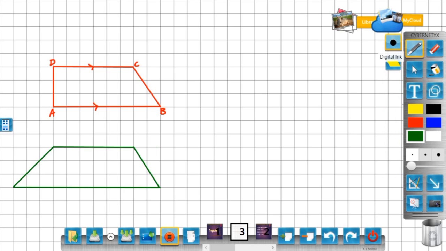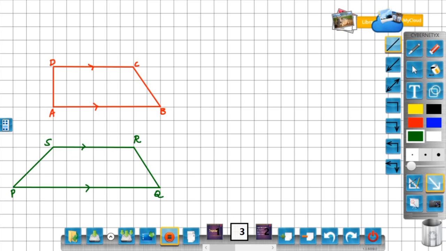Here only one pair of sides are parallel. PQRS is a trapezium and parallel lines PQ parallel to RS, and non-parallel sides are PS and RQ. PS and RQ are non-parallel sides. PQ and RS are parallel sides.